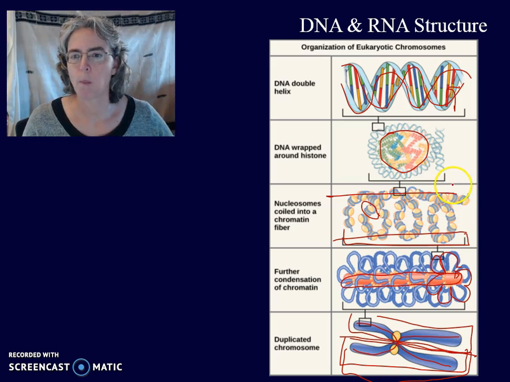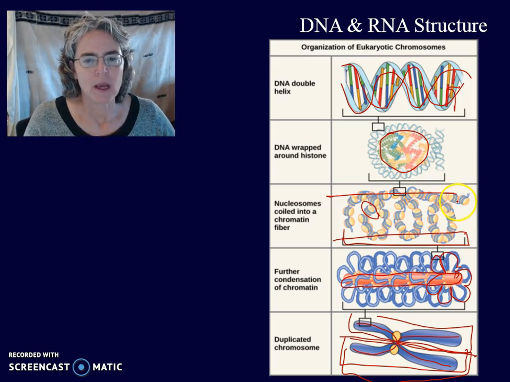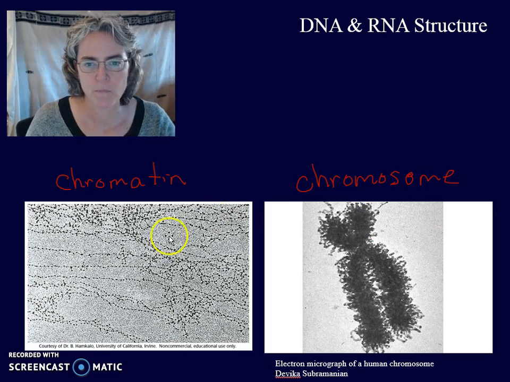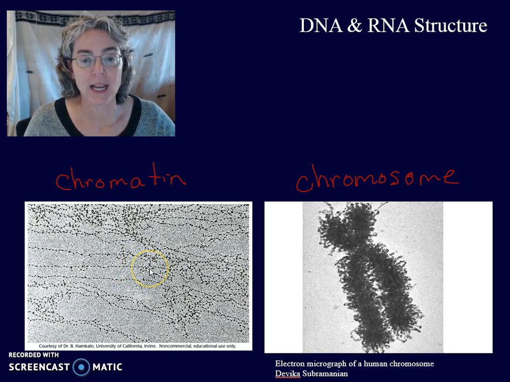Okay, so why 2 different forms? Well, if you think about it, let's go back to our picture. This form right here, our chromatin form, it's much easier for proteins that are needed to replicate the DNA to be able to get in here and get access to the DNA molecule and to our nucleotides.